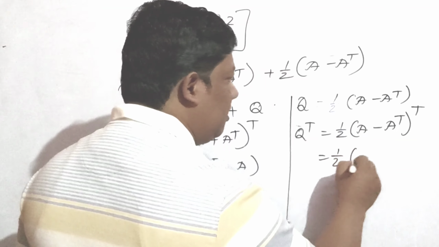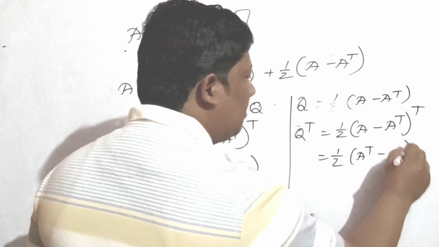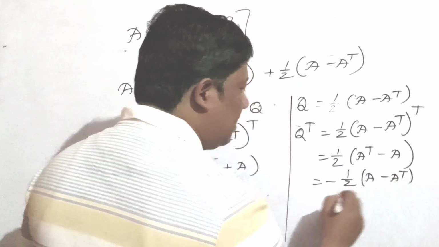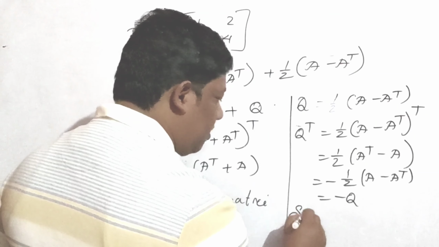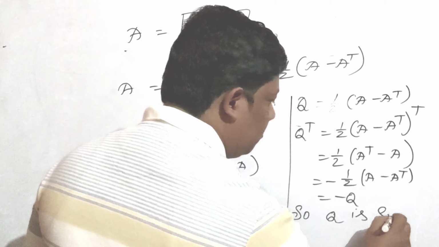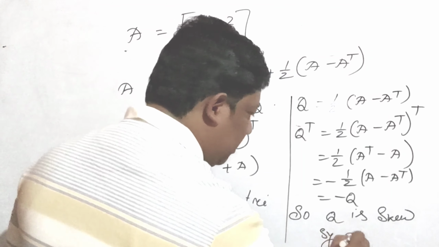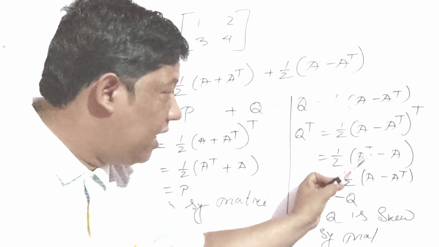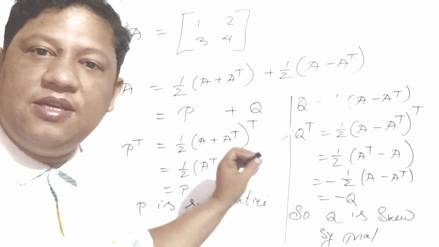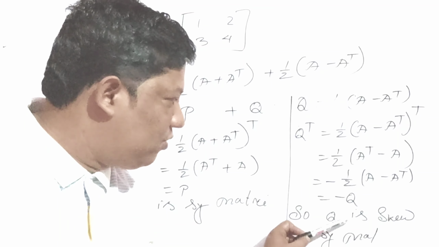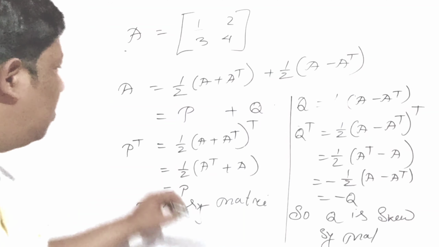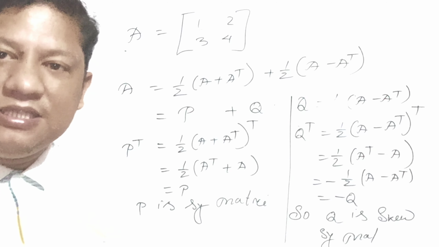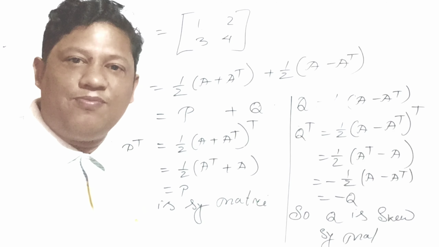Then this comes this side, then I get A transpose minus A. Therefore, if I take the common half, it is half of (A minus A transpose), and equal to minus Q. So Q is a skew-symmetric matrix, because if I transpose this on both sides, I get it is minus Q. That means it is Q but with a minus, that is why it is a skew-symmetric matrix, and P is the symmetric matrix. So A can be expressed as the sum of symmetric and skew-symmetric matrix. That means every square matrix can be expressed as the sum of symmetric and skew-symmetric matrix.